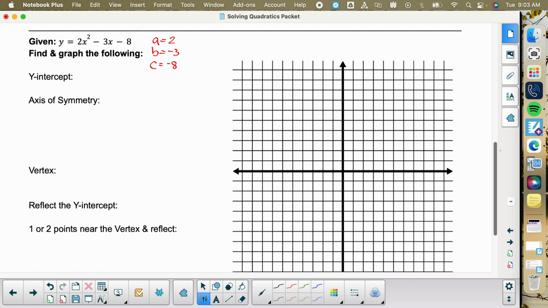For multiplying A and C. I'll start putting up some of the answers slowly so you can check yours.